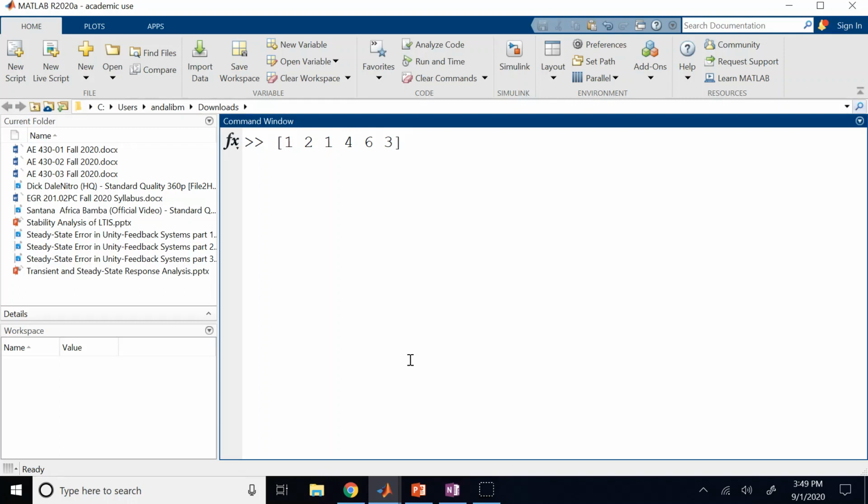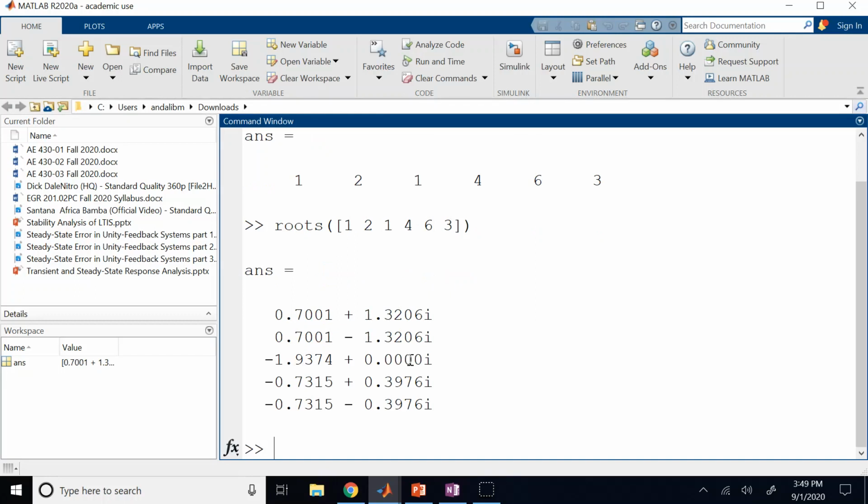It's a fifth order polynomial with 6 coefficients. Then I use the command roots. Roots will give you the roots of a polynomial for which you are specifying the coefficients.